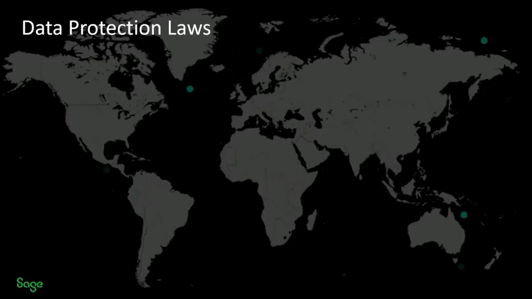And back over in North America, we have the Personal Information Protection and Electronic Documents Act, or PIPEDA, which is Canada's federal privacy law, and that applies to personal information collected, used, or disclosed by organizations in the course of commercial activities.